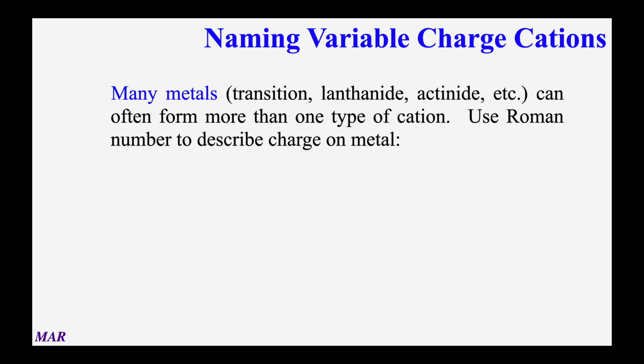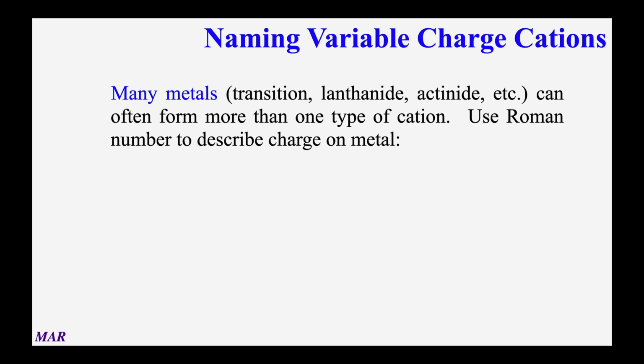Some species we don't know for sure what their charge is, and these are called variable charge cations. While we always know that groups 1A, 2A, and the stairs have a fixed charge, a lot of the metals we don't know. That includes the transition metals, the B block elements in the middle, as well as the lanthanides and actinides at the very bottom, and there are also a few metals under the nonmetals.